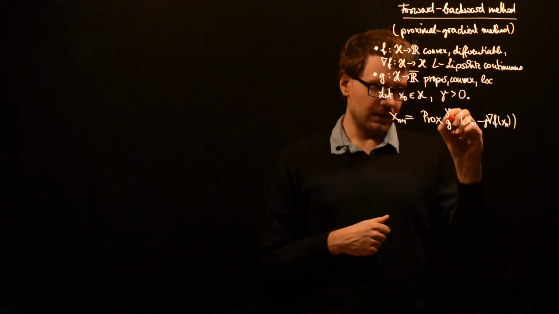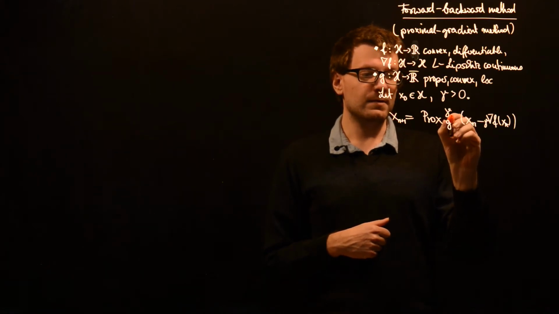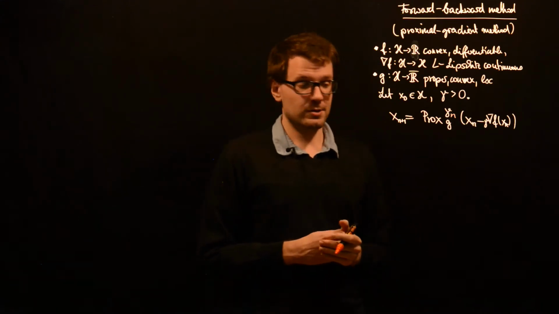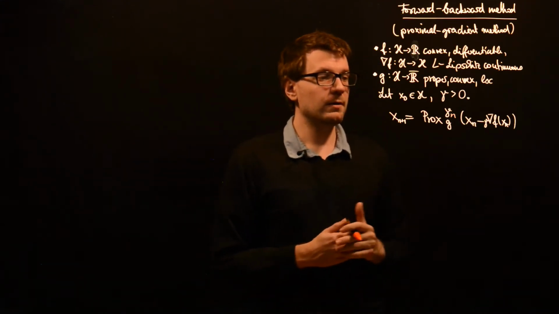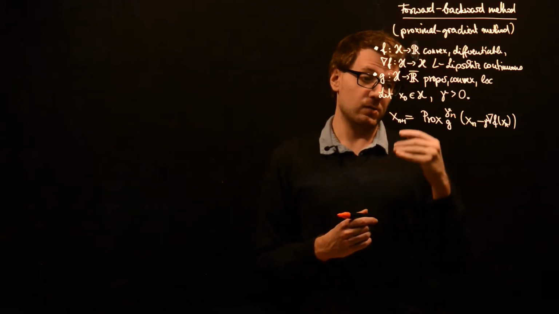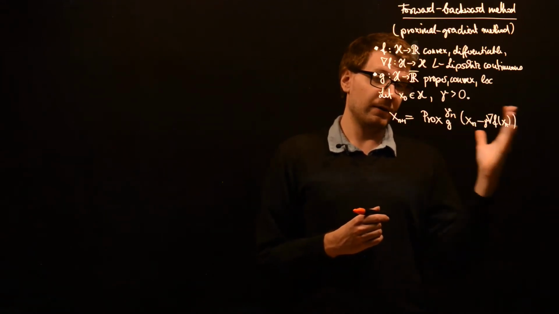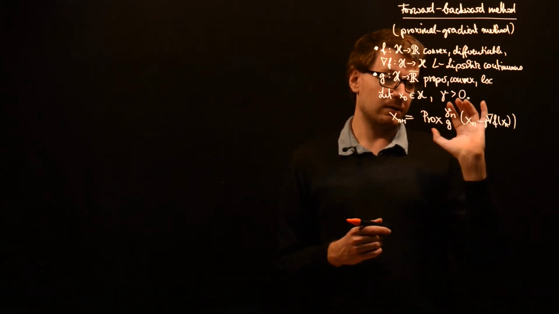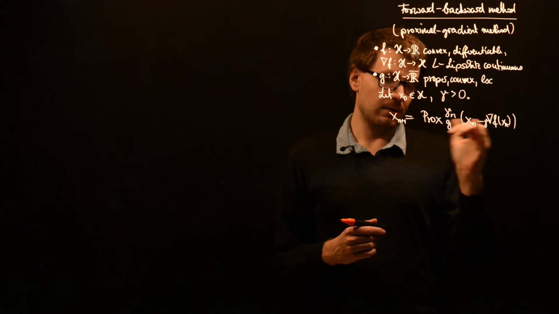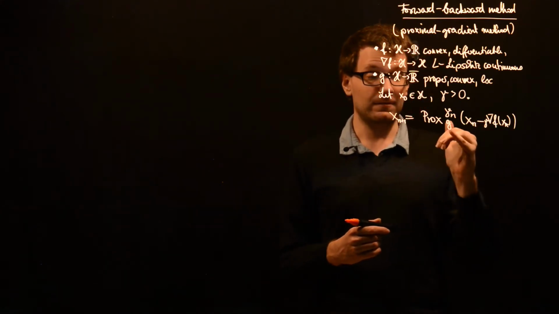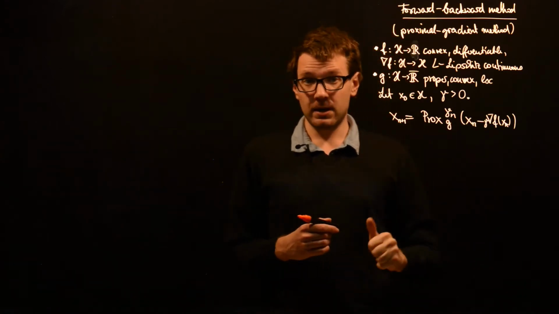In particular, if you were to take the step size gamma variable in each step, which we will not do here, so if you take gamma n instead of gamma, so that the step size can vary from iteration to iteration, then you would have to take care about this discrepancy between first order information of f at xn and first order information of g at xn plus 1.